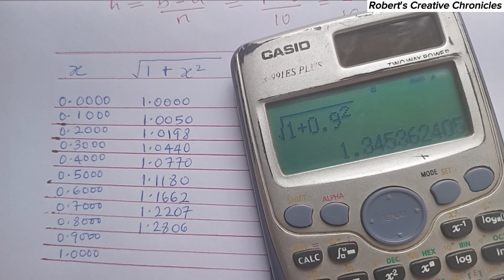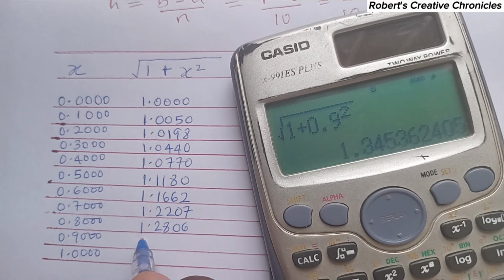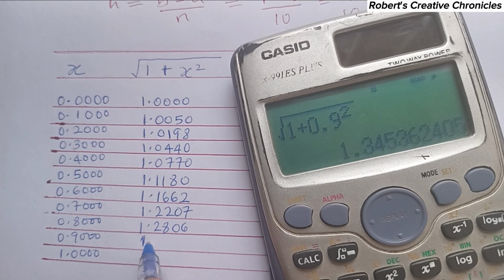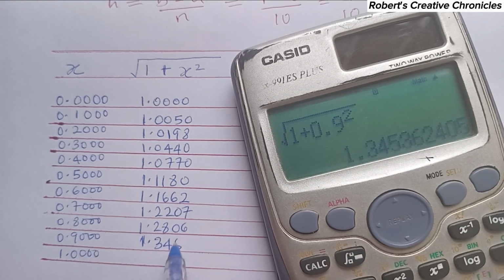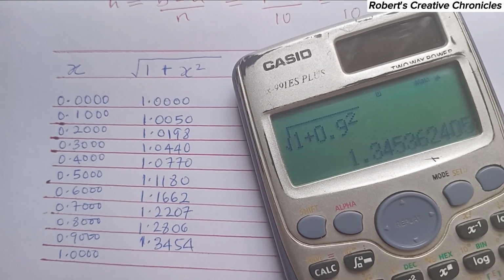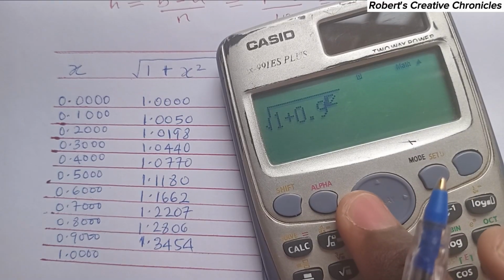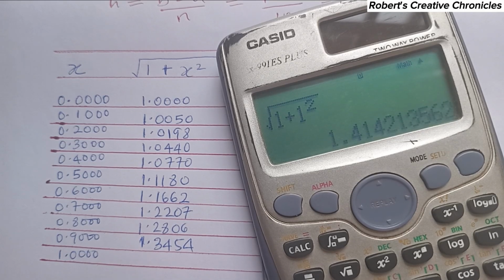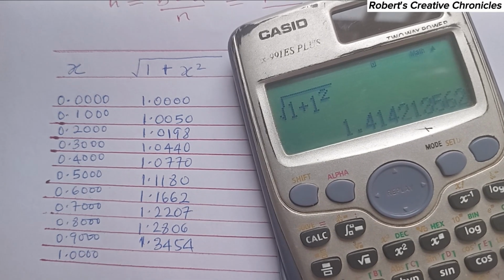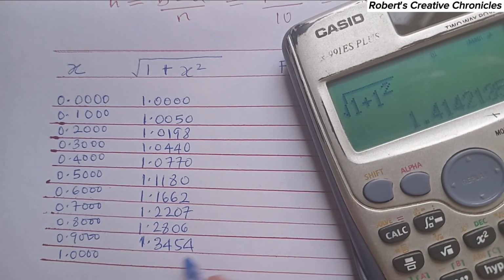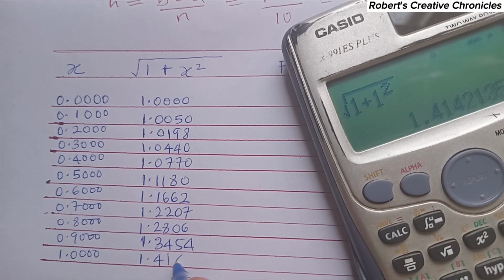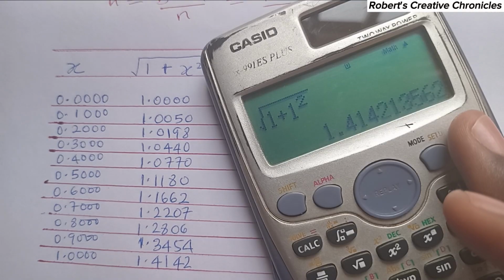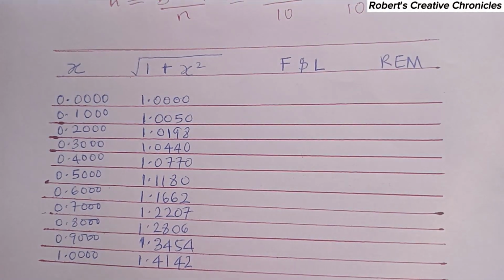Then 1.3454. Then the last one is 1, which is 1.4142. So that's all for this one.